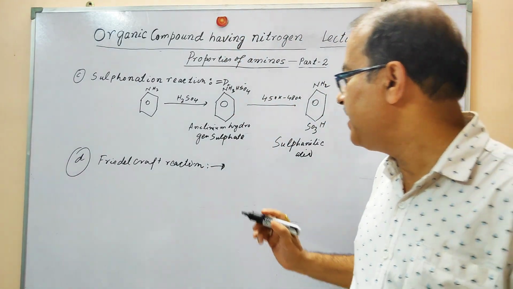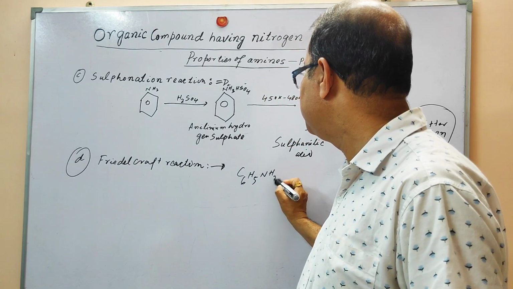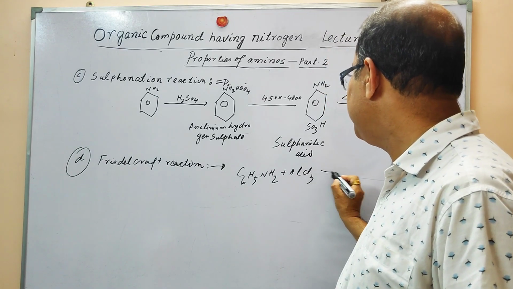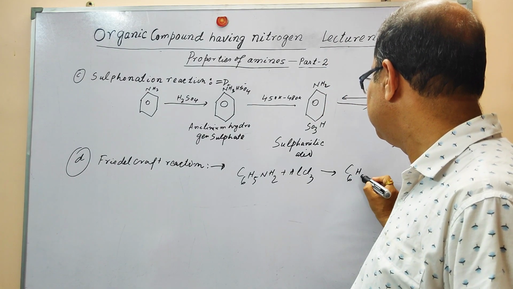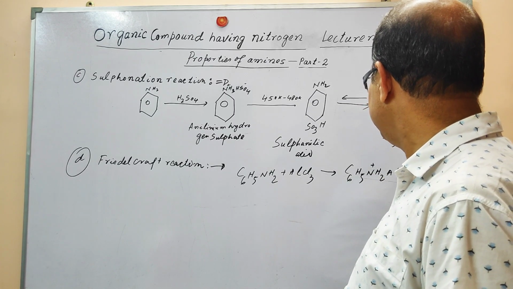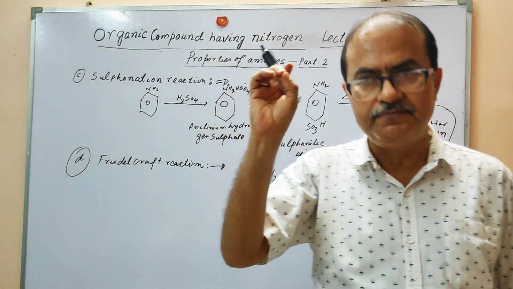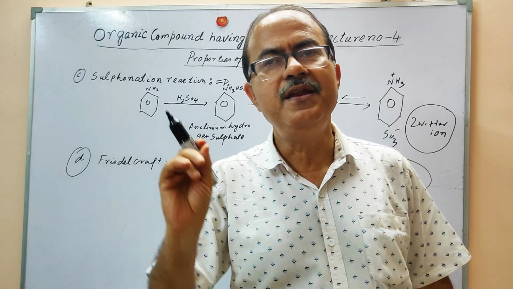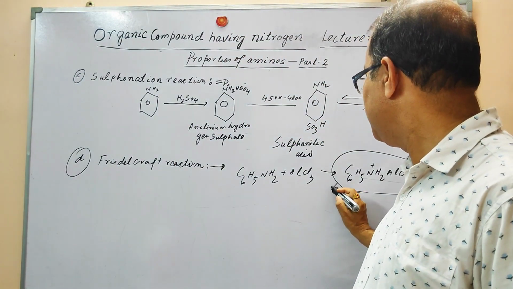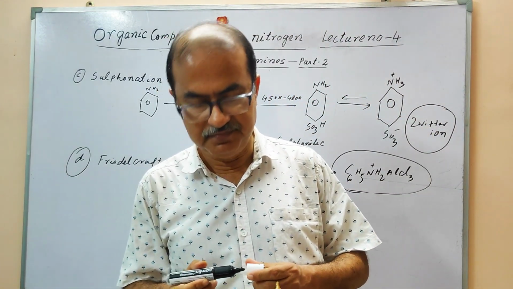This aluminum chloride makes a salt with the amino group, and it produces this. As the nitrogen is positively charged, it is a deactivating species. So it will not show the desired reactions.